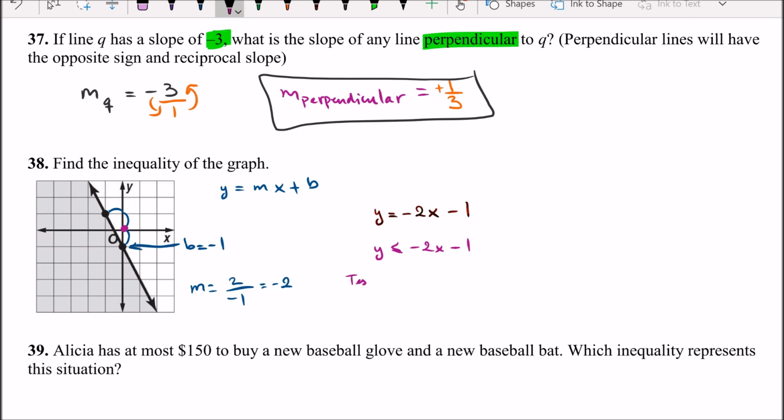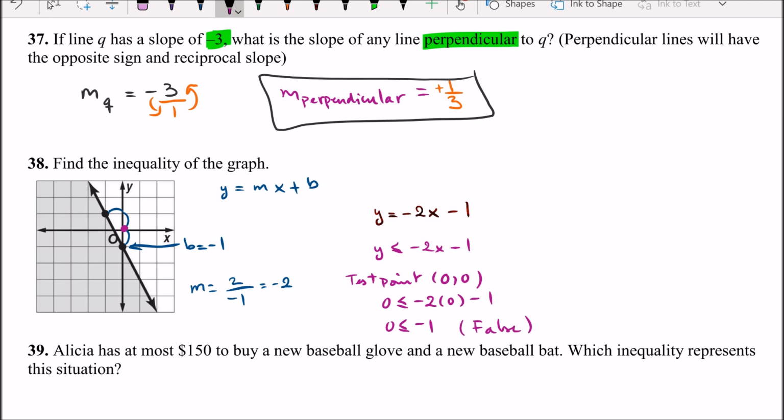Okay, so we're going to use test point 0, 0. When you plug it in, 0 for y, less than or equal to negative 2 times 0 minus 1. 0 less than or equal to negative 1. So is that true or false? 0 less than or equal to negative 1 is a false statement.